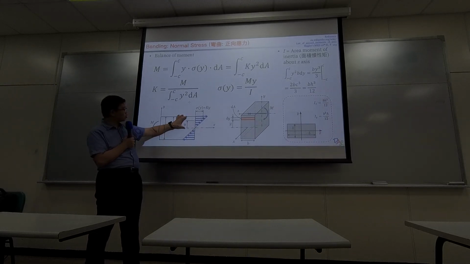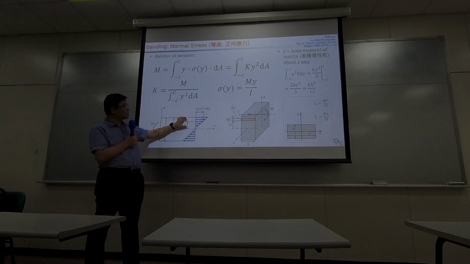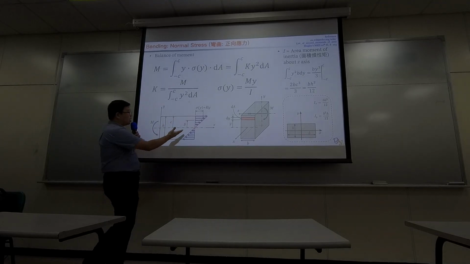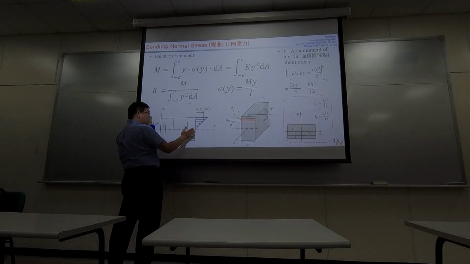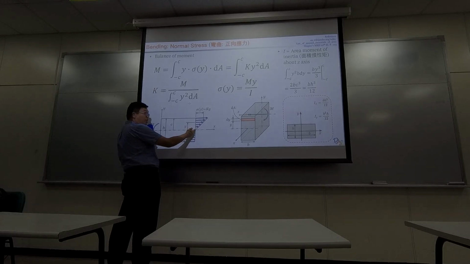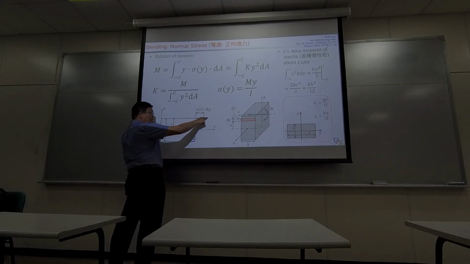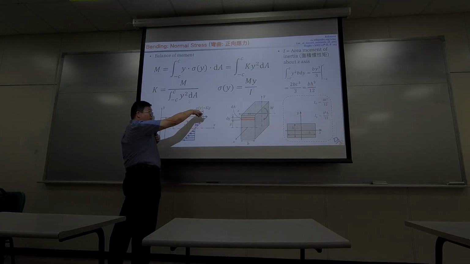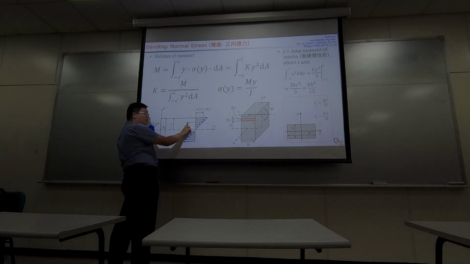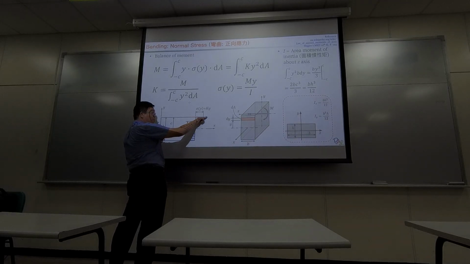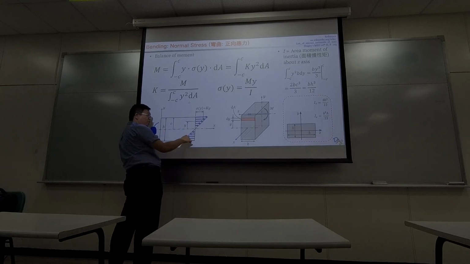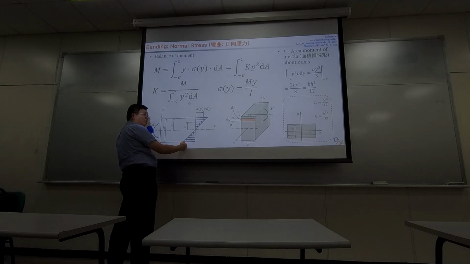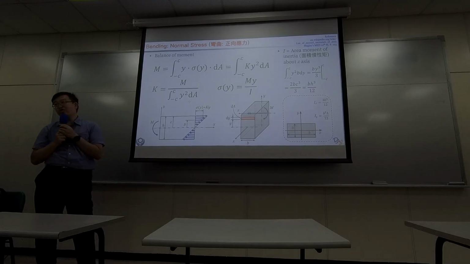When y equals half of the height, you have the largest stress. So you can draw a linear stress distribution like this, where the neutral axis has 0 stress, and the upper half has the largest tension. If you call this positive y, then this is positive sigma. If you go down from here, you have negative y, so over here you have negative sigma. Negative sigma represents compression.